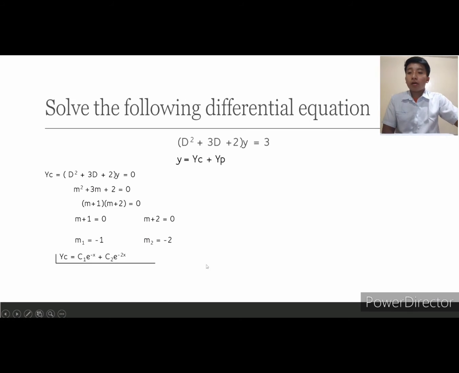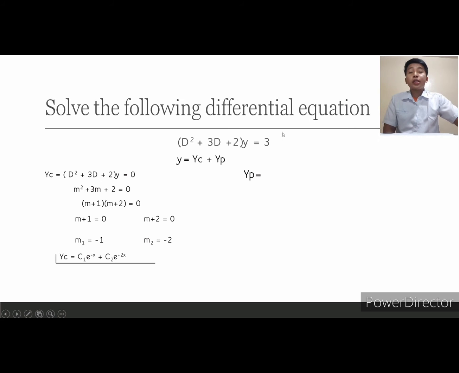Si yp naman po ay, so, ano yung i-assume nating value ng yp? So, titingin tayo dito sa f of x, yung function ng right side. Ito po, yung constant. So, constant siya, 3.